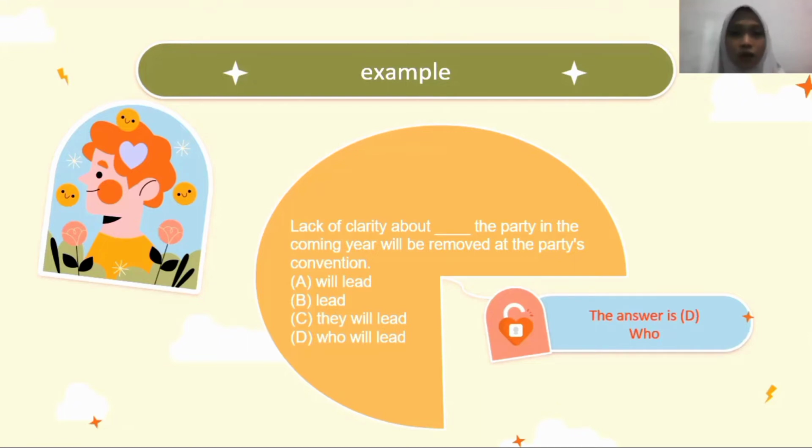The sentence about blah blah blah the party in the coming year requires a connector or subject and a verb. The best answer is D. Who, because who functions as a connector as well as a subject, while the verb is will lead.